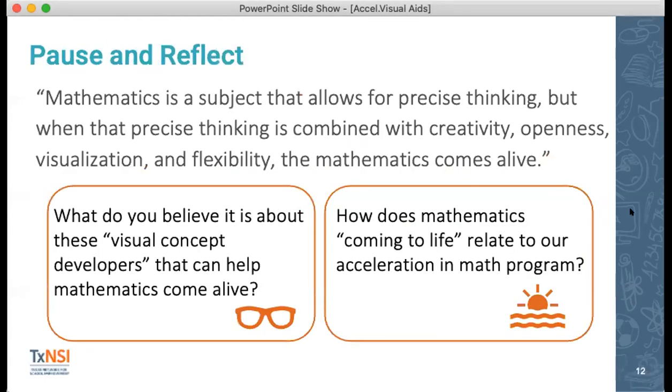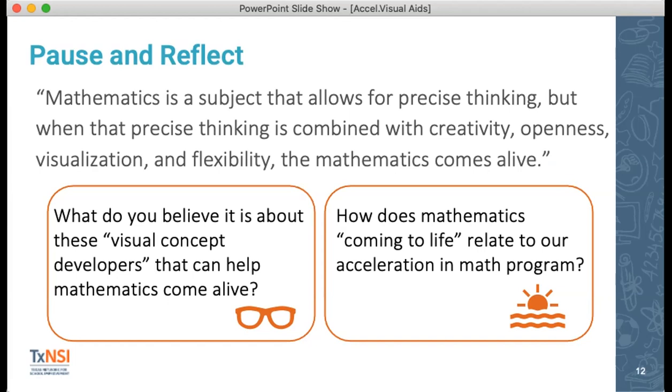So I want you to pause and reflect for just a moment about the statement and these two questions. All right, thanks for pausing and thinking about that. The quote comes from Jo Boaler.